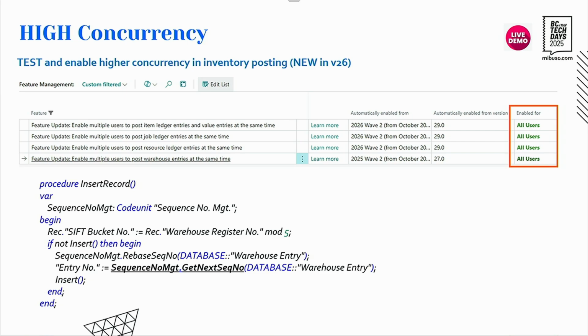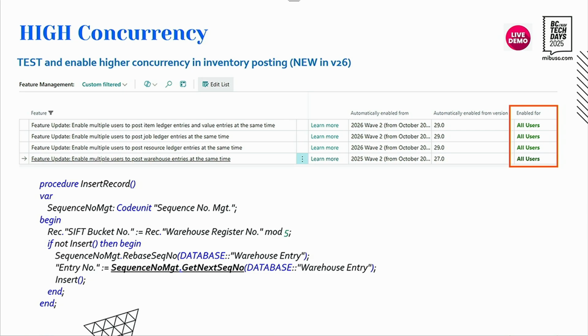So in short, if you have a shift on tables like item ledger entry, value entry, and so forth, you move to version 26, you want to enable this field, and also change your keys in order to add this shift number, and more or less, I think 95% you're good to go with this new process.